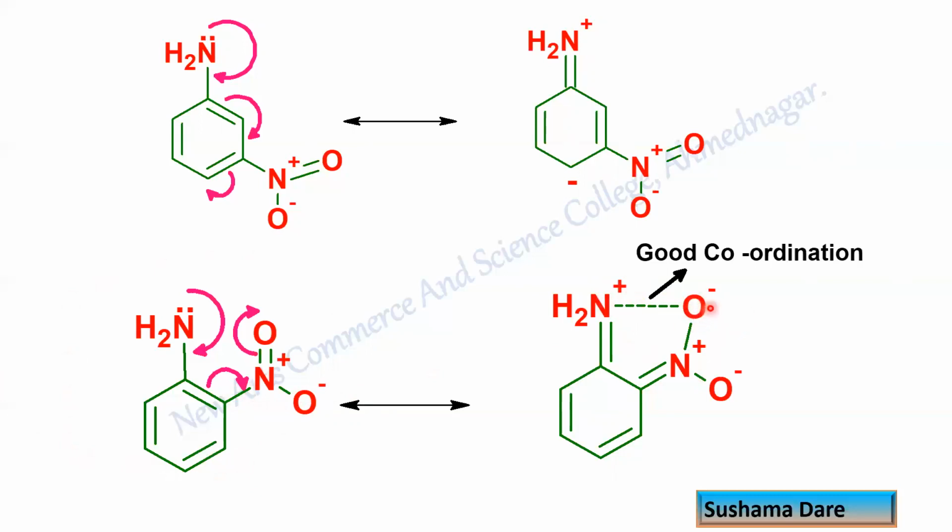Oxygen accepts electron density, so the negative charge is on oxygen. So there is a good coordination between the positive charge of nitrogen and the negative charge of oxygen. Such coordination is possible in orthonitroaniline, while it is absent in paranitroaniline. So this resonance is more powerful as compared to paranitroaniline.